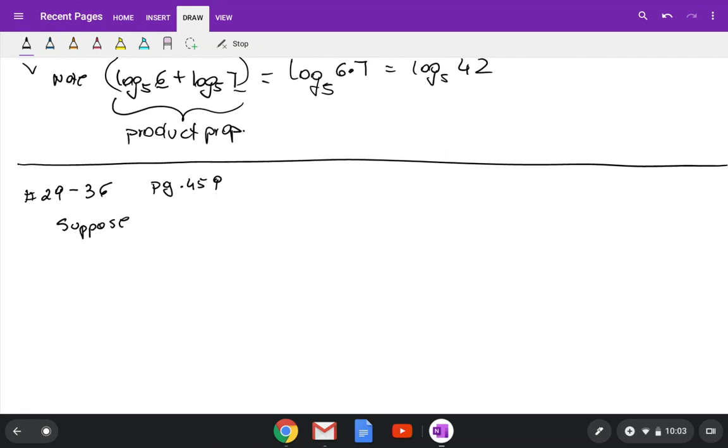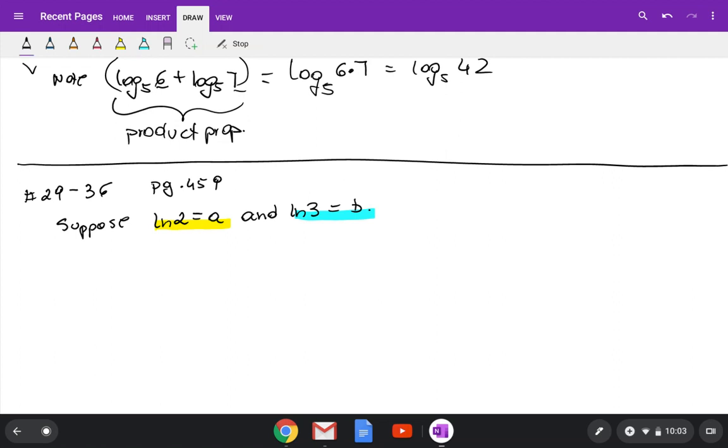Suppose ln of 2 is equal to a, and ln of 3 is equal to b. So this is what is given.